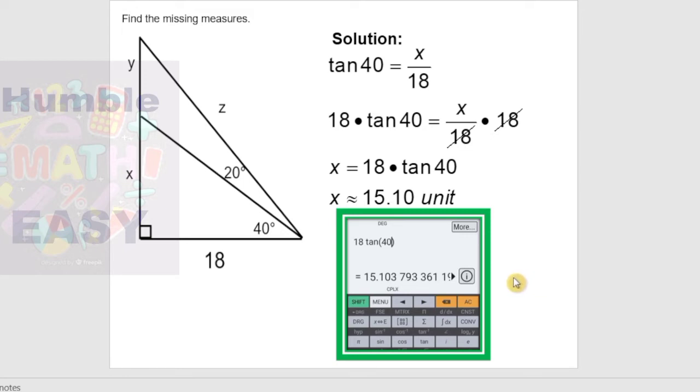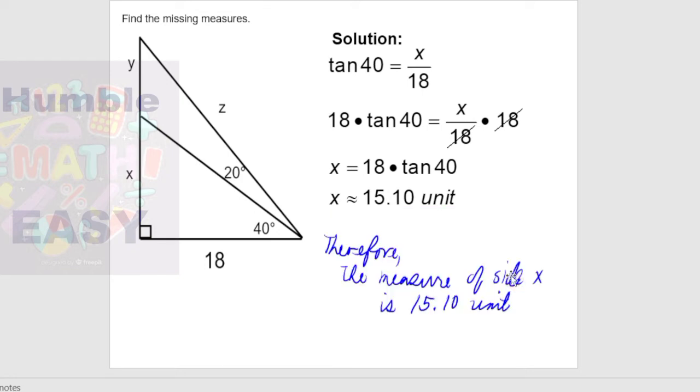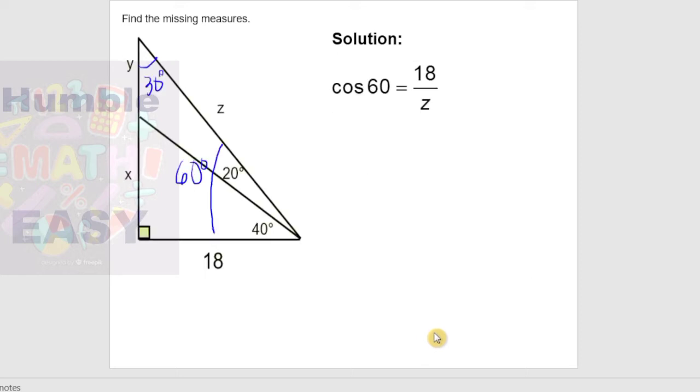The next one that we are going to work out is the z. As I said, the measure of the side x that we have now is 15.10. So we are going to solve for another side, and that is z. Z here is already, so we could say that 20 plus 40 is 60.